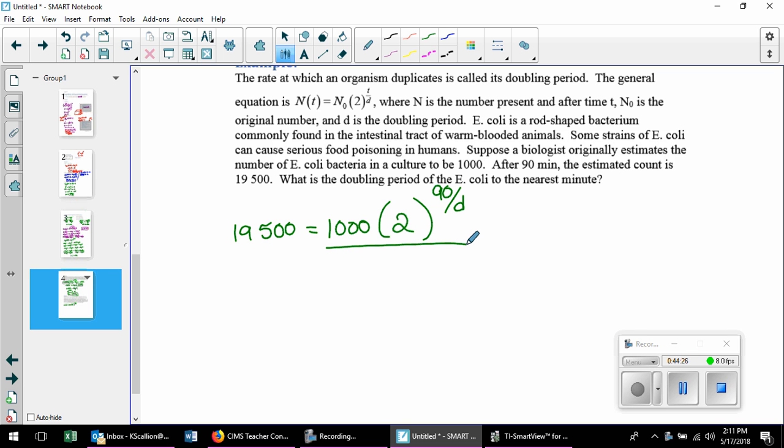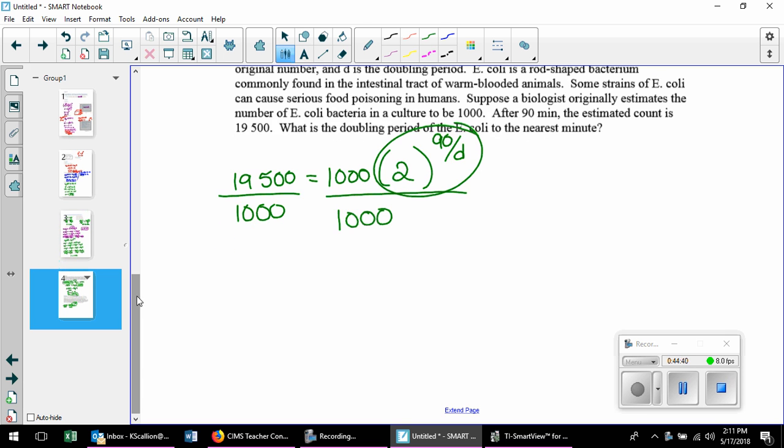I want to isolate this. So what am I dividing it by? I'm dividing it by 1,000. Okay? So I'm going to have 19.5 on this side equals 2 to the exponent 90 over D. Now I want to solve for the exponent.